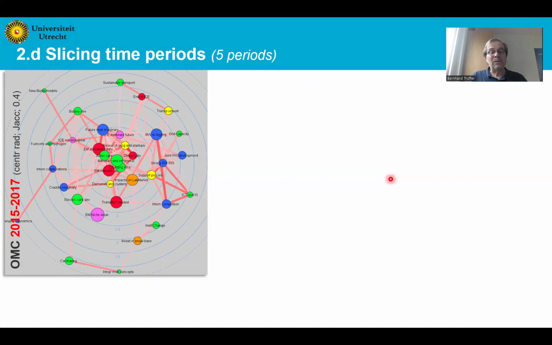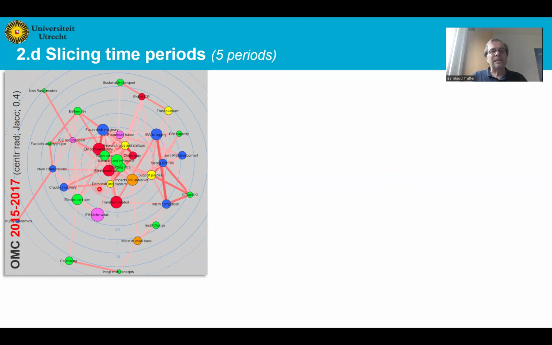Then the period of 2015 to 17 was the changing point, the U-turn of the storyline, where suddenly you see that the red nodes that are supportive to electromobility are in the center together with some infrastructure investment topics, and autonomous cars was very hot in that period.